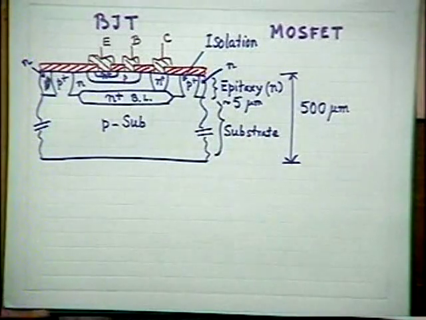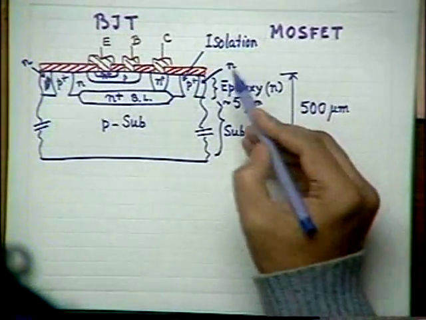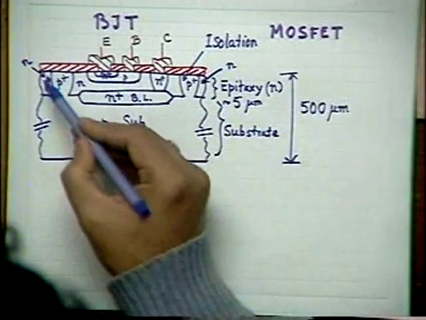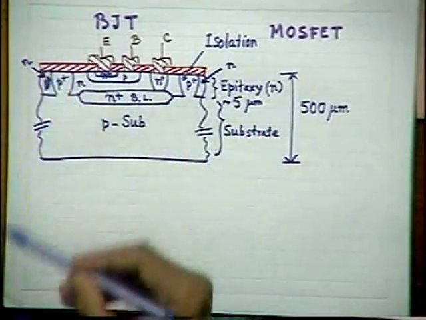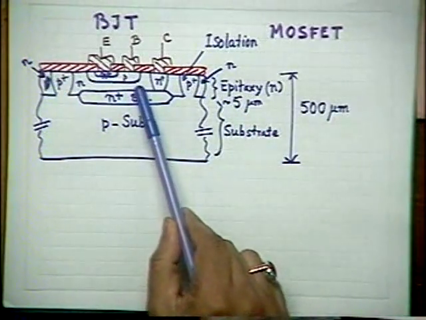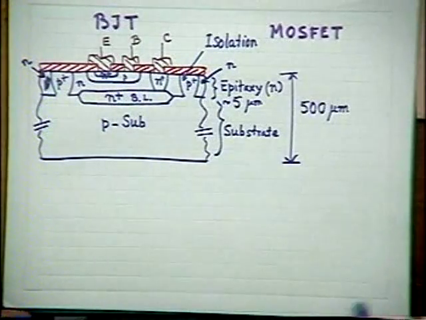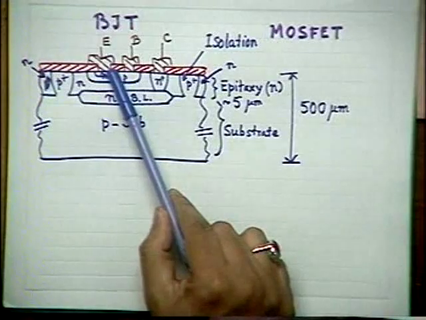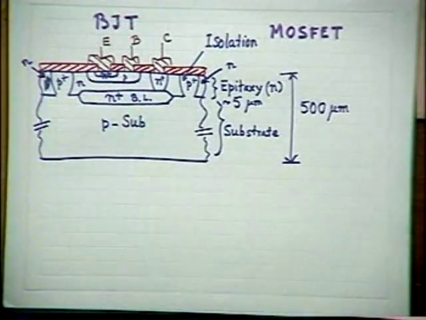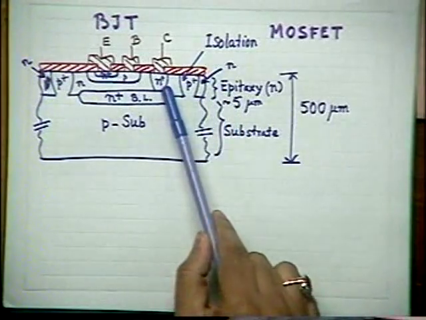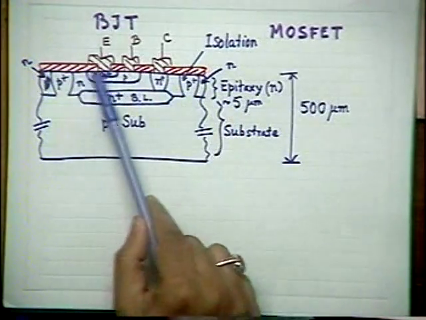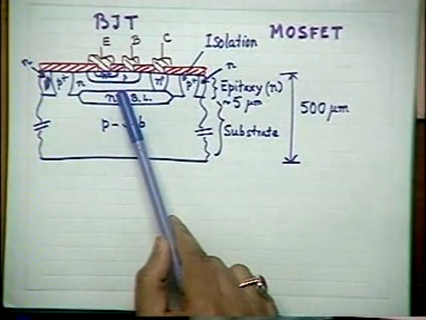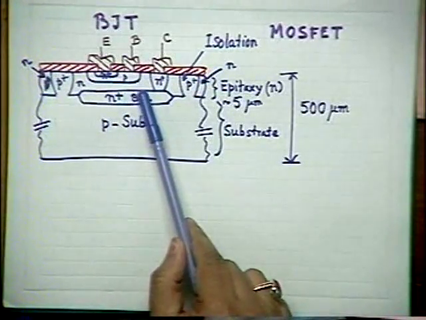What I have done here is I have shown only a portion of a bipolar IC where only a single vertical NPN transistor has been indicated. This is called a vertical NPN transistor. On either side of this basic block N, into which the transistor has been realized, there are also N-type islands.